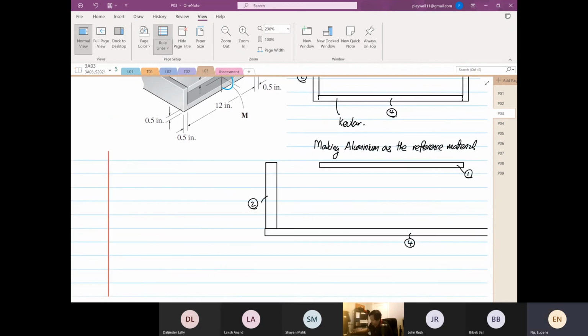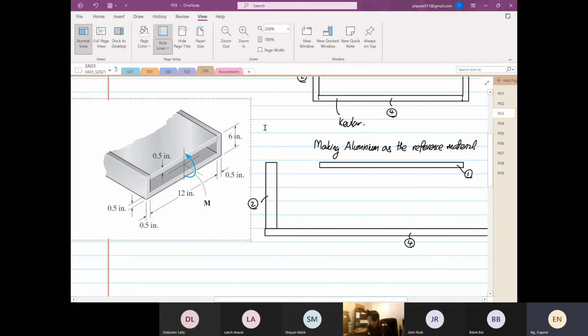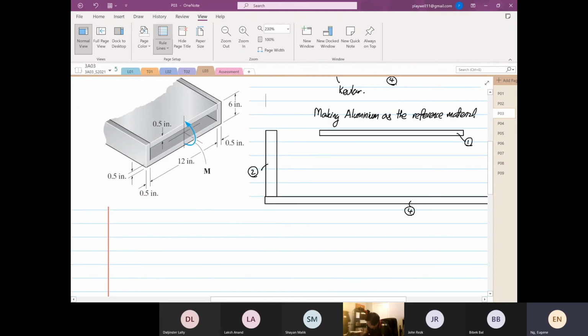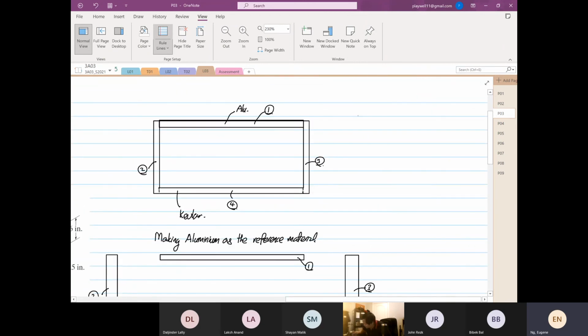Now, let me put this down so I can get the dimension easier. We're going to find the centroid. If we go back to this diagram over here, this is my y, this is my z.